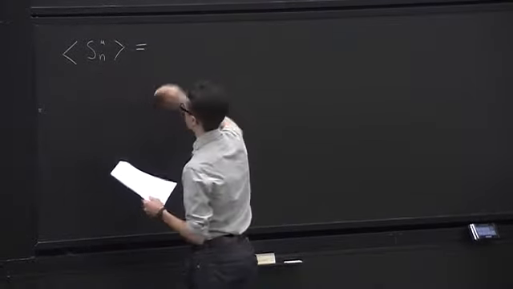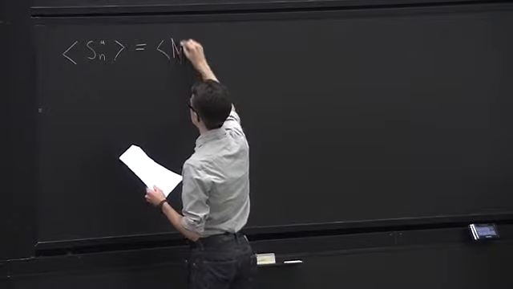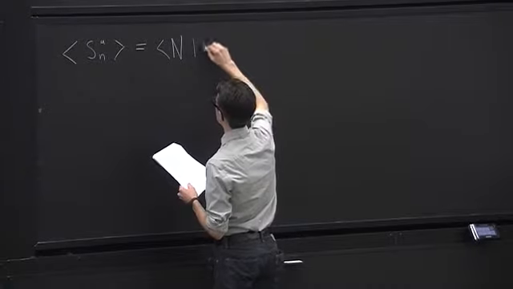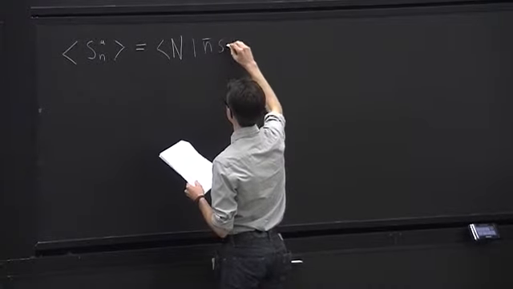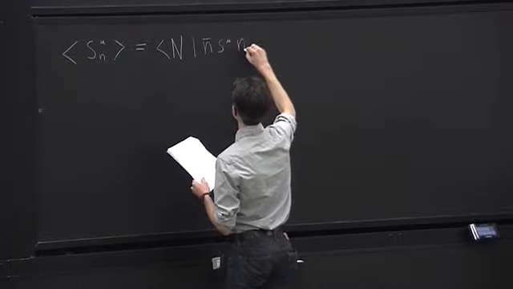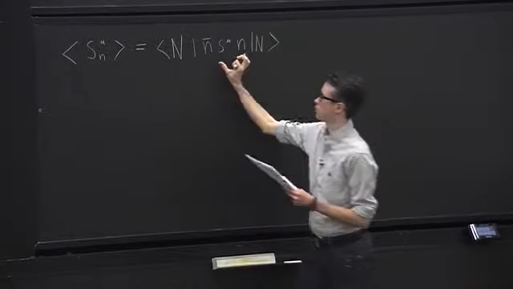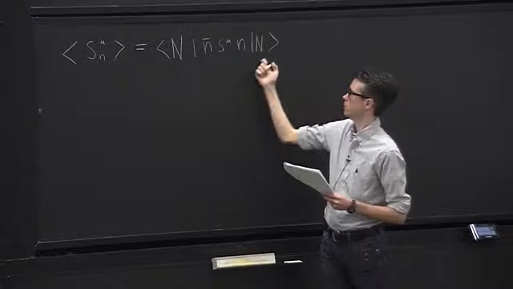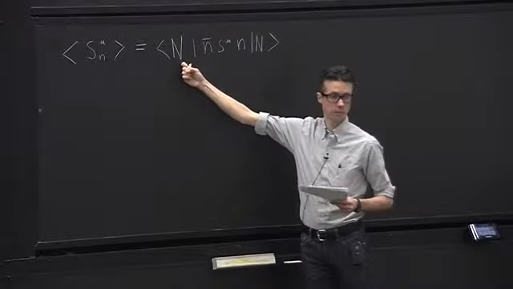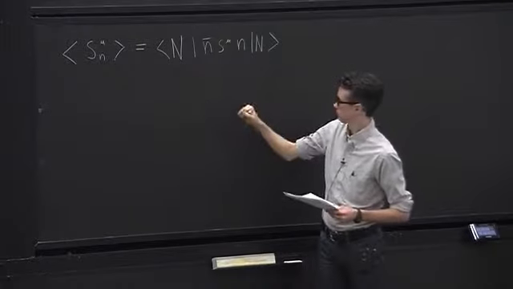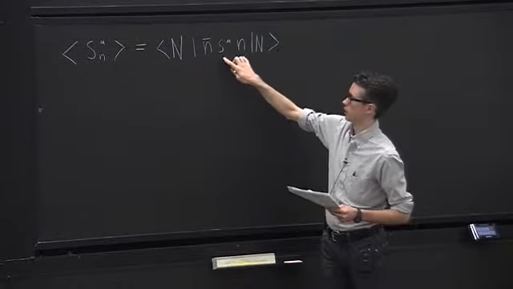This object, we define to be the matrix element between an outgoing nucleus and an incoming nucleus, with n-bar S^mu n in between. So if I take this operator and plunk it between two nuclear states, this is the nucleus with lots of nucleons in it, and this is a nucleon operator.